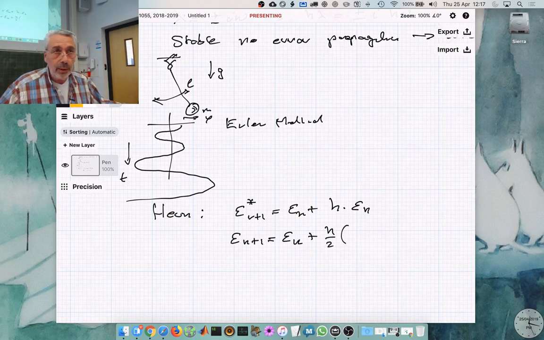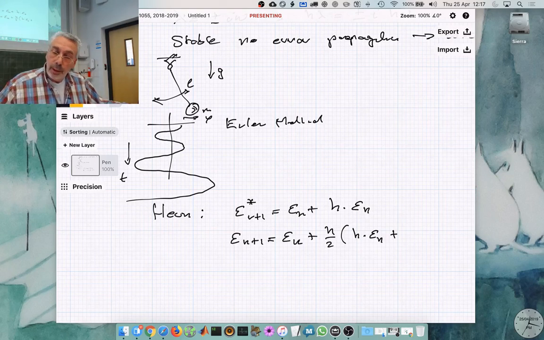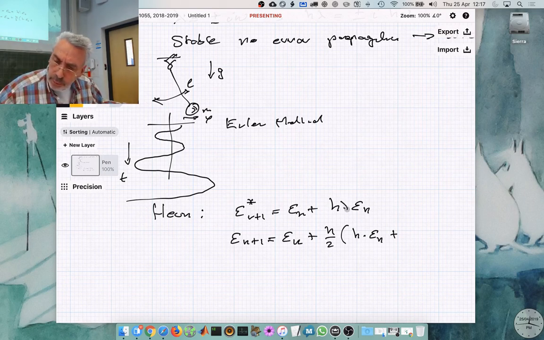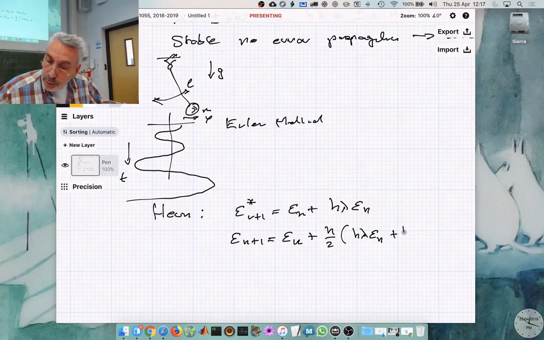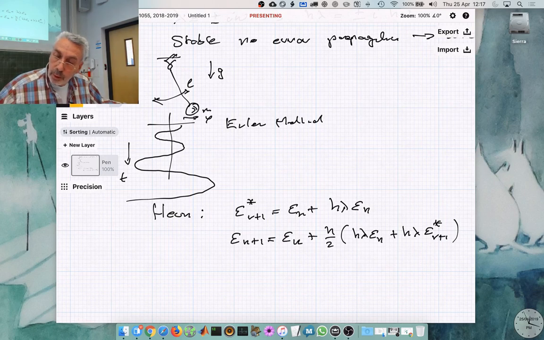Then we have the value at the initial one, the derivative, that was h epsilon n, plus the derivative at this point, and that is, I forgot a lambda, right? Plus lambda times this value, h lambda times epsilon star n plus 1.